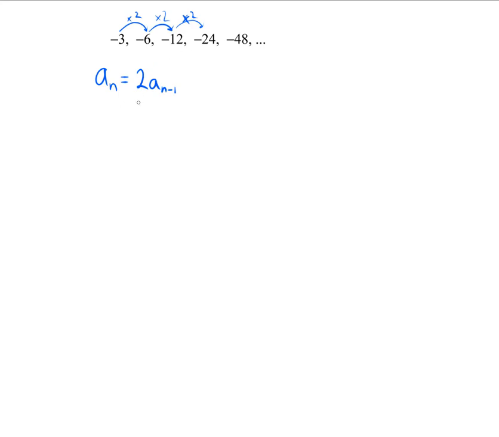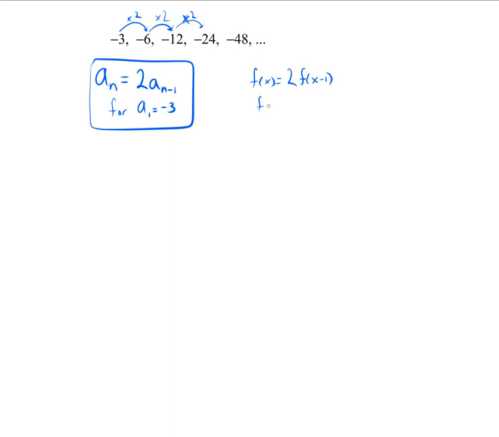All right, hopefully this is making sense. This is once again for a specific scenario, the scenario where a sub 1 is equal to negative 3. So that's your first recursive formula. Let's go ahead and do it the other way. It'd be f of x is equal to 2 times f of x minus 1, right?